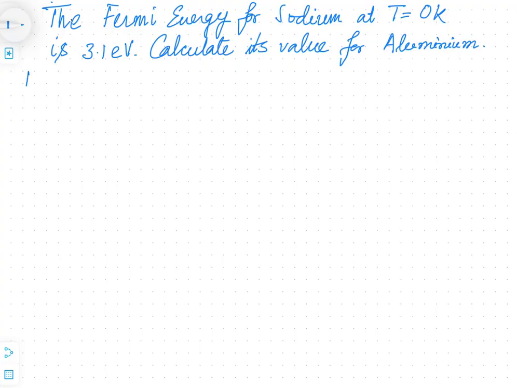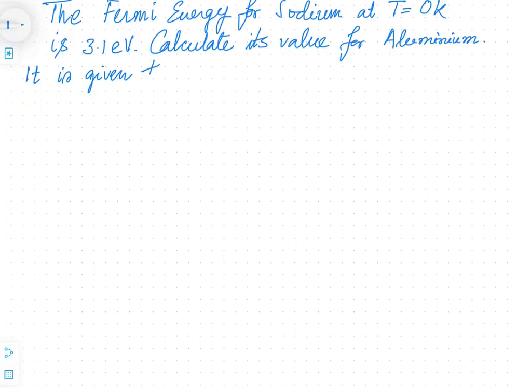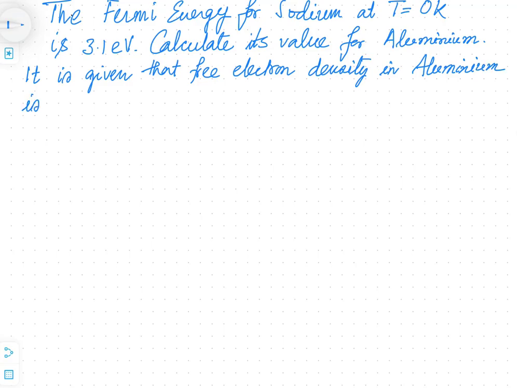It is given that free electron density in aluminium is about 8 times in sodium. So this is the question.